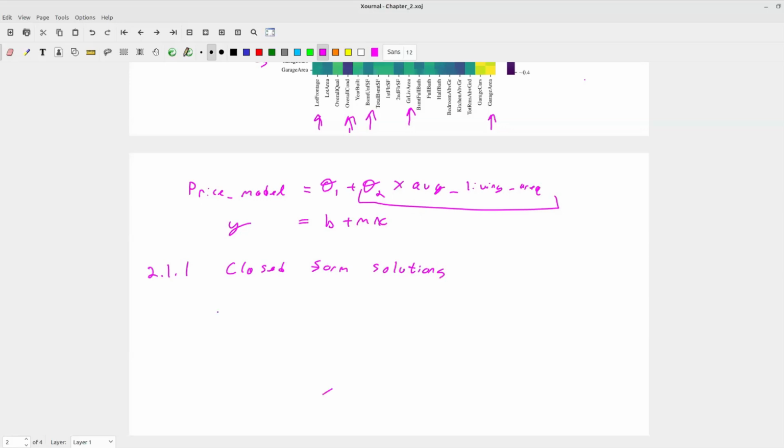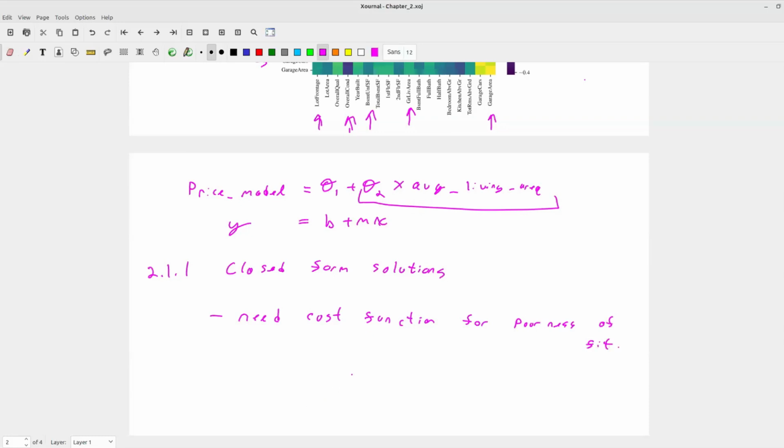We need a cost function to quantify the poorness of fit.